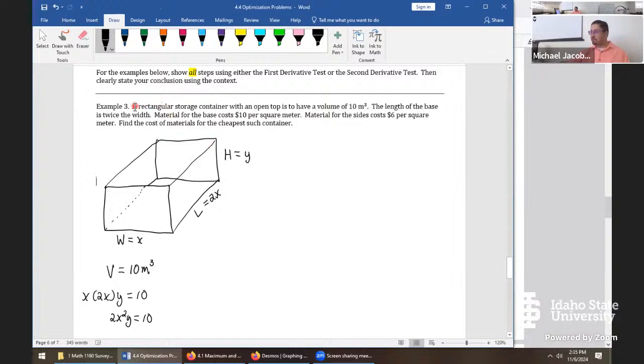So far, this is how much I've gone through the problem. Just that part. We drew a box. We used the information of how the width and the length are related. And then we just used the fact that the volume is 10 cubic meters to come down to that equation there. Any questions at the moment, folks, with this step?